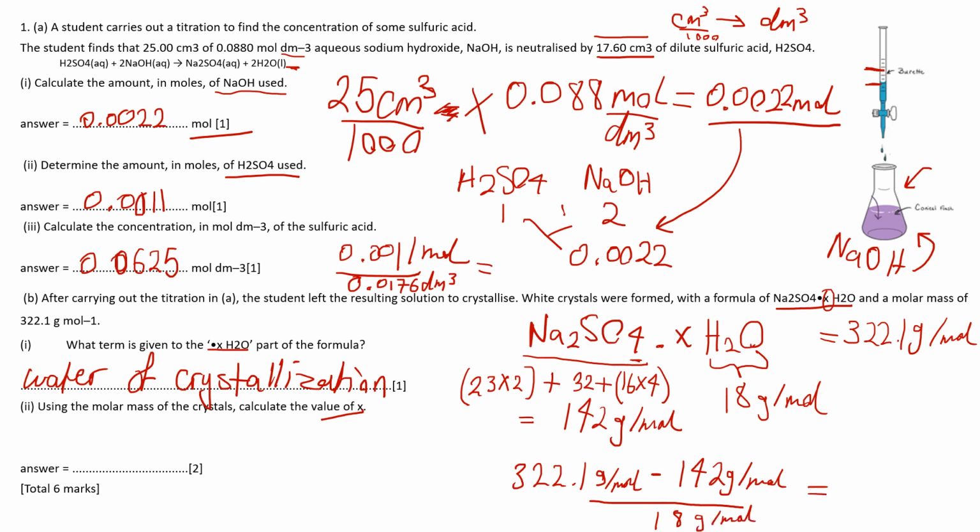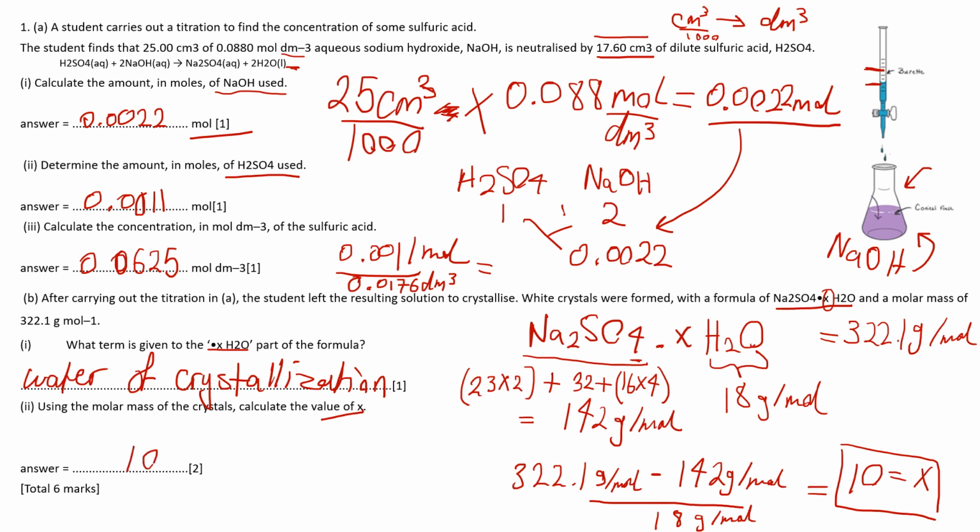And that should give us the number of water molecules we have in this salt. And that should come down to 10. So 10 equals X. So our final answer would be 10.